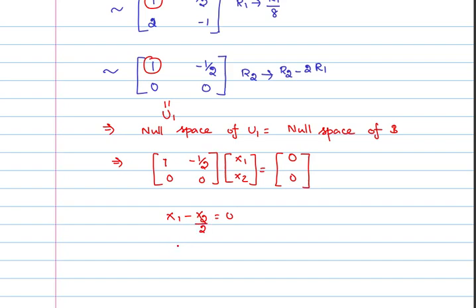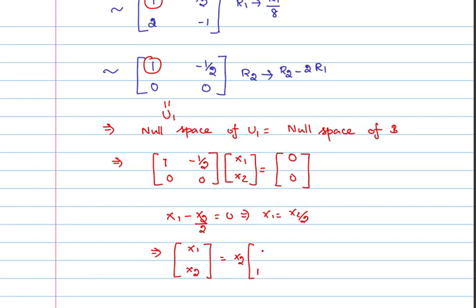Now I can write the vector form. Here x1 is the basic variable and x2 is the free variable. We know that x1 equals x2 divided by 2, and x2 equals x2.